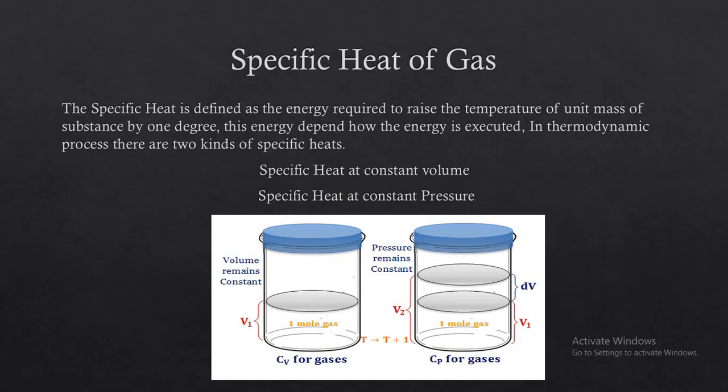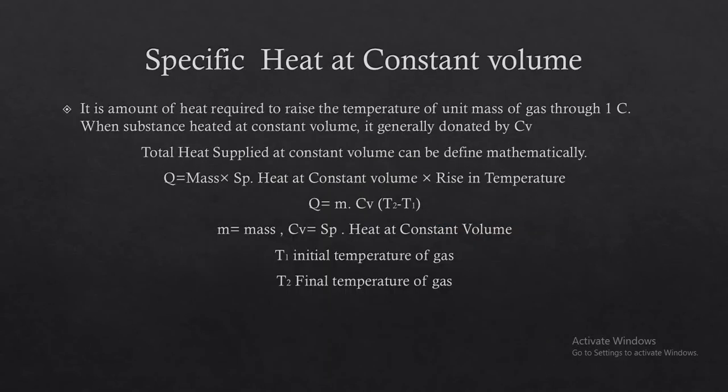It is also concluded that when the volume of a closed system remains constant, the pressure will increase at constant volume, as well as the entropy of the system will also increase. This is how specific heat at constant volume is defined.